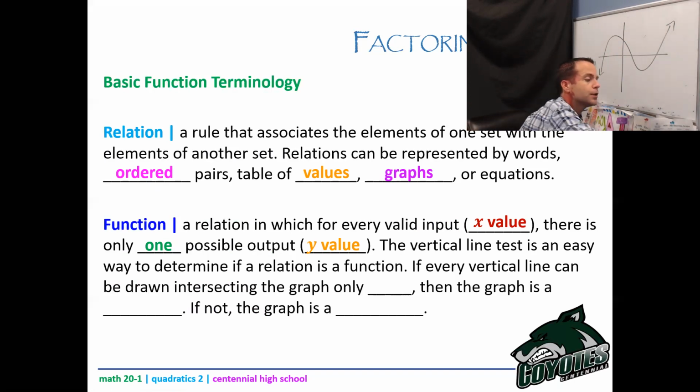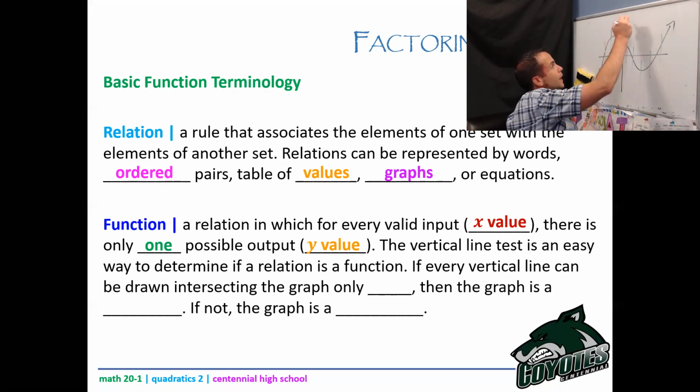But what the vertical line test does is we say, hey, just start drawing vertical lines, okay? And yellow, you can't see at all on this video, so let's switch to green. Let's just start drawing vertical lines. Can you see that? Yeah, okay. What I want you to notice is that vertical line only hits once. Here, here, no matter where I draw that vertical line, it only hits once. That's telling me that this is a function, okay?